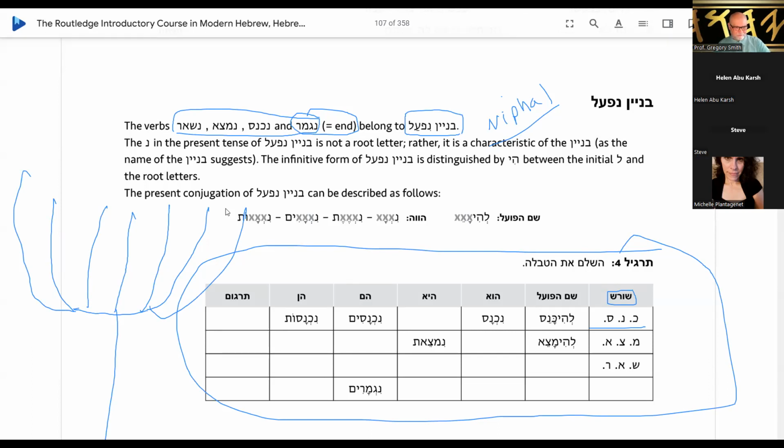So if you look at this, we've got a menorah here. One of these right here is the structure that we're looking at, the binyan nifal. See that? We could say that this is like one of these branches on a menorah.